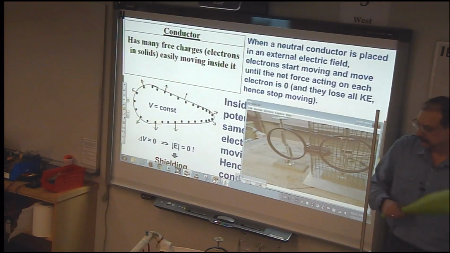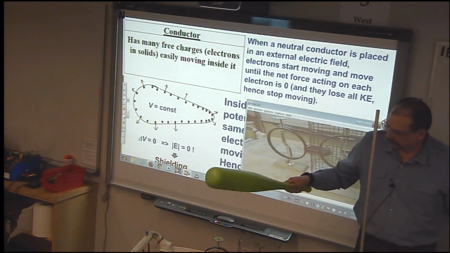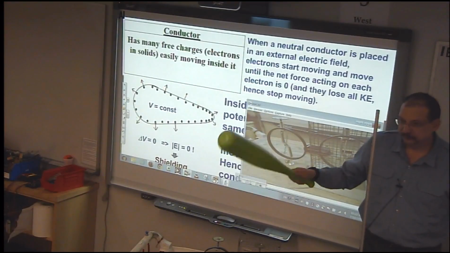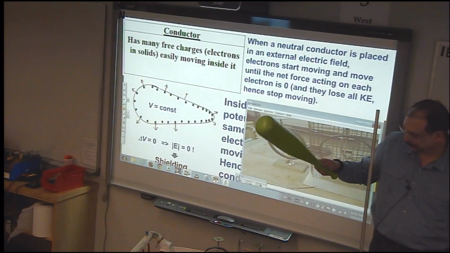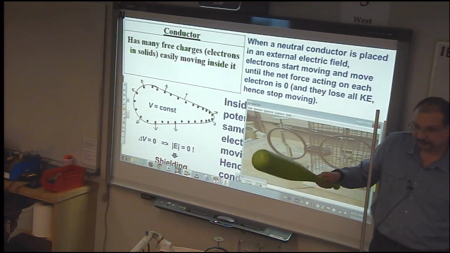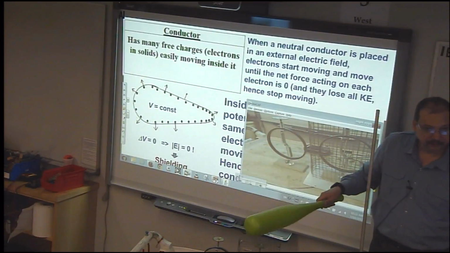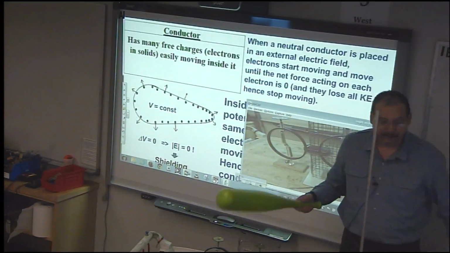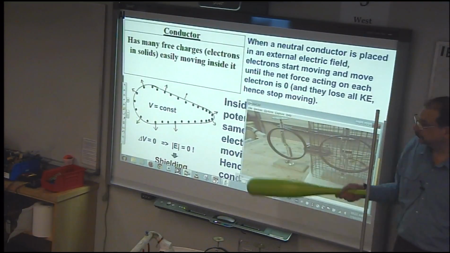I will. Just do your work. So this, you see, is not getting affected. Nothing at all. Electric field cannot get through the cage. Sound, air can, but electric field can't, and this is the reason.